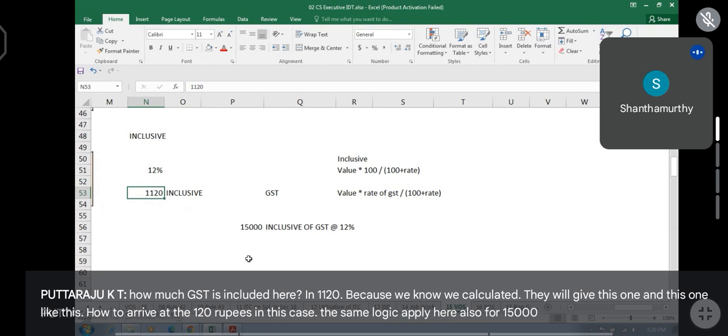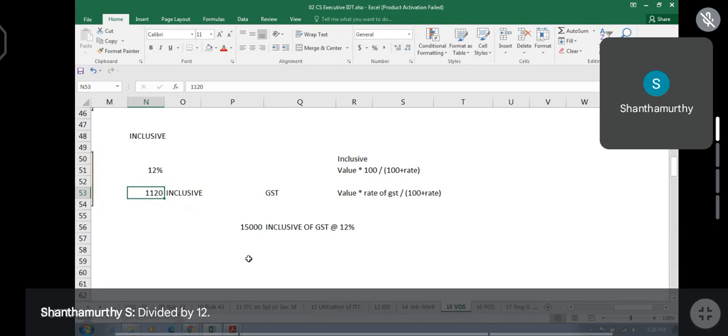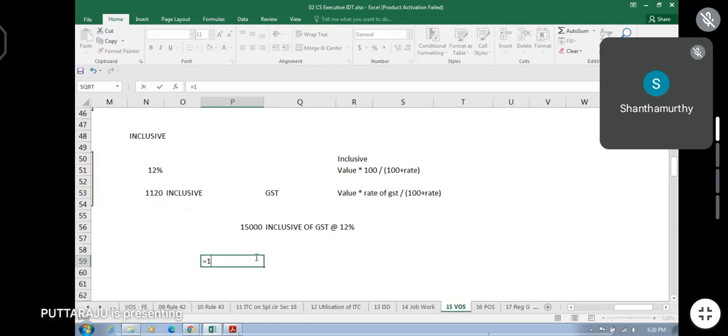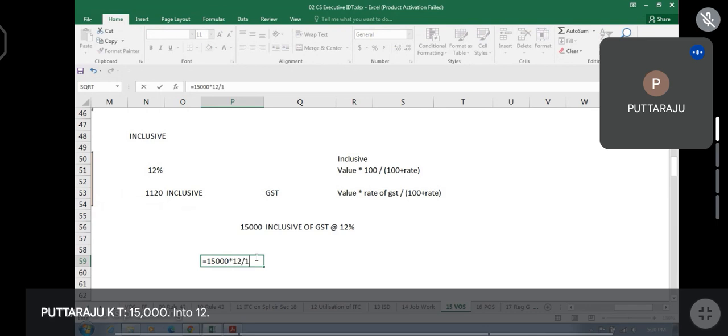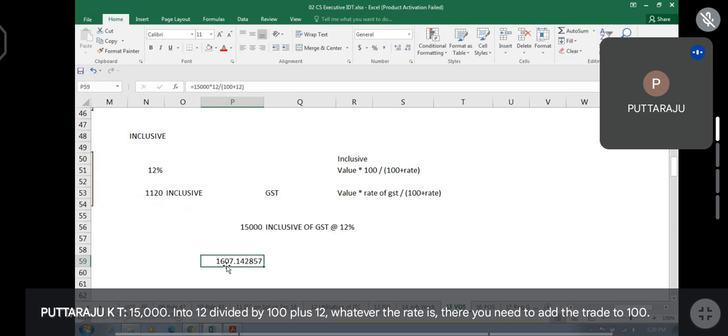Divided by 112: 15,000 into 12 divided by 100 plus 12. Whatever the rate is, you need to add that rate to 100. It becomes 1607. Okay.